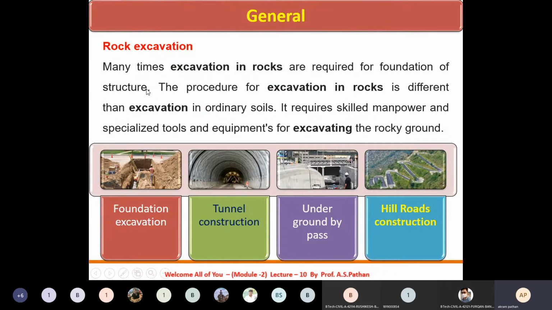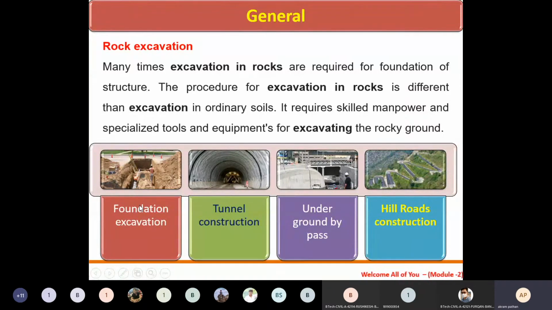Now if you see the preamble for this excavation in rock, we require excavation in the case of foundation trenches, in the case of building foundations, in the case of bridge pier foundations, and in the case of high-rise buildings also.